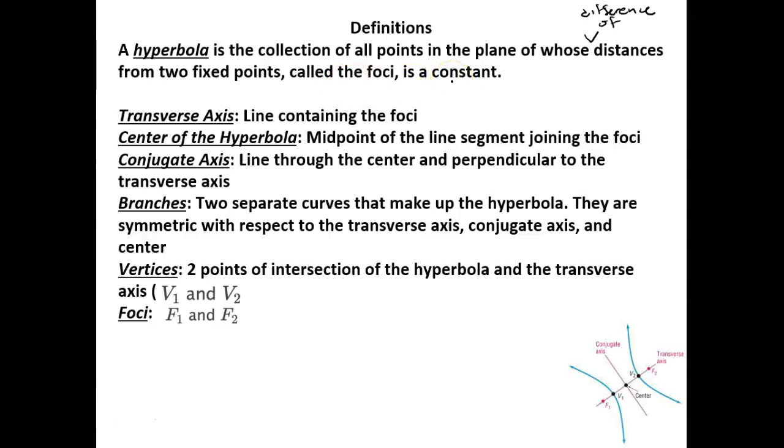For the ellipse, it was the distances whose sum is equal. So before, the sum of the distances was constant. This time the difference of distances is constant.